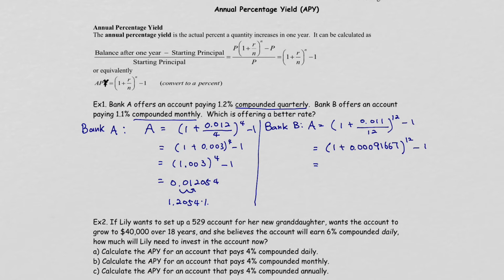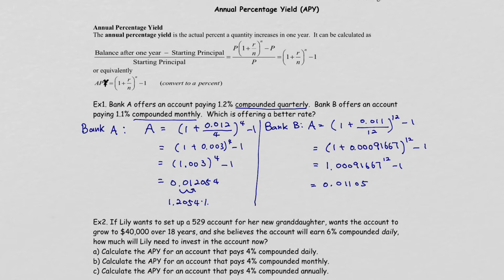This gives you 1.000916667 to the 12 exponent minus 1, which is 0.01105.